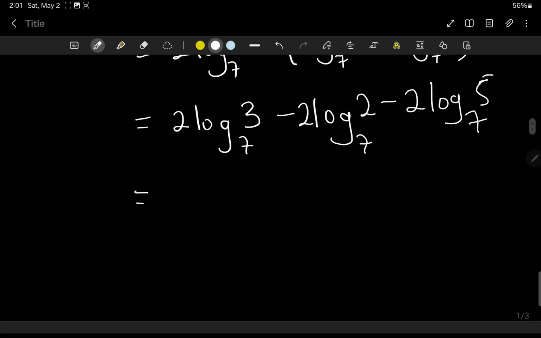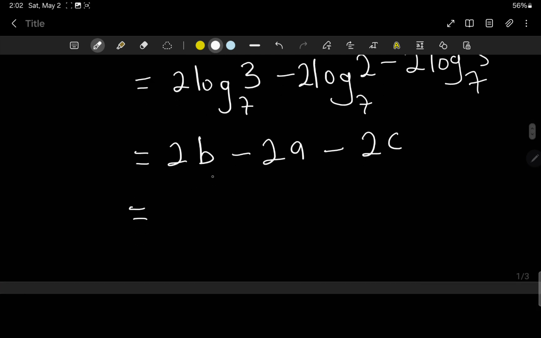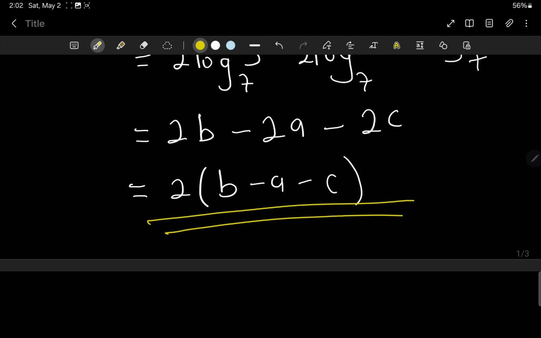So we have 2 replaced with B, minus 2 replaced with A, minus 2 replaced with C. Let's factor out 2 because 2 is common among them. So we have 2 into bracket B minus A minus C. That would be your final answer.